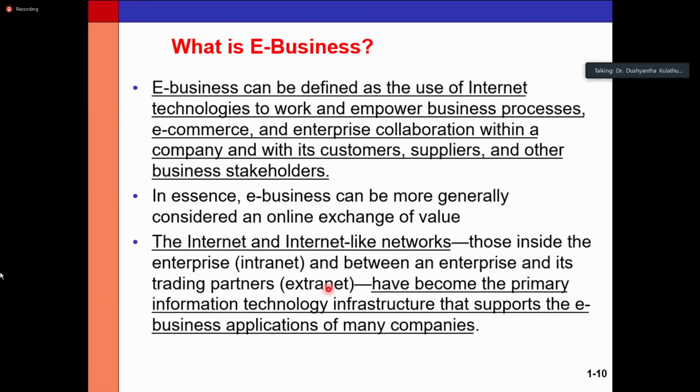Likewise, there will be restrictions imposed on an extranet. As I mentioned earlier, authorized external parties, trading partners and stakeholders can access the internal network of an organization, but the access will be limited.